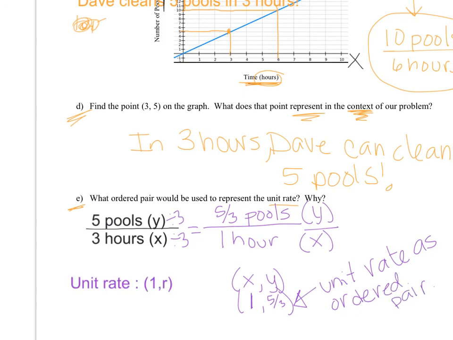Okay. A unit rate written as an ordered pair will always have an x value of 1. So this is what you need to note for unit rates as an ordered pair. 1 comma r is where you're going to find that on a graph.